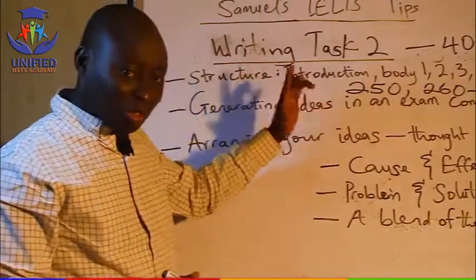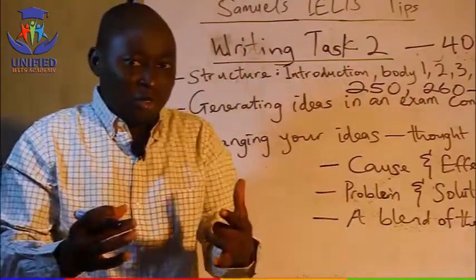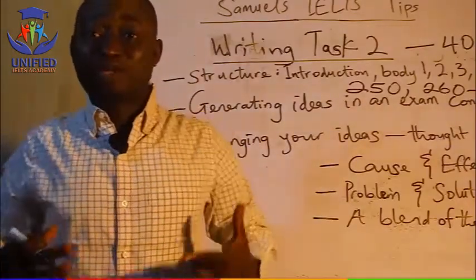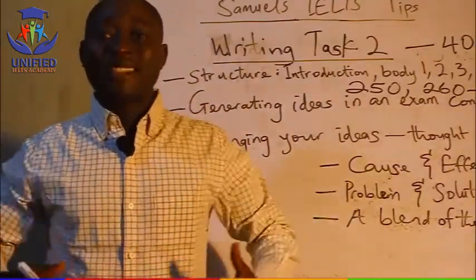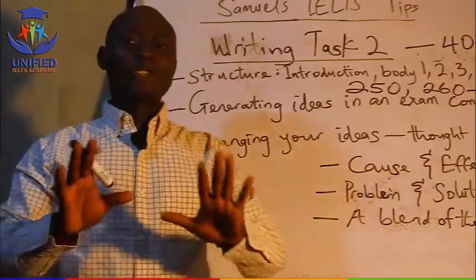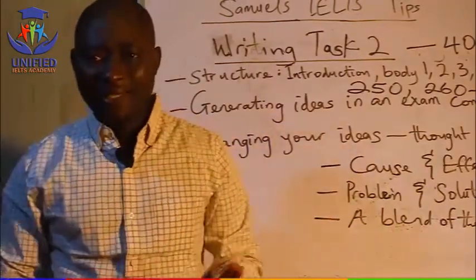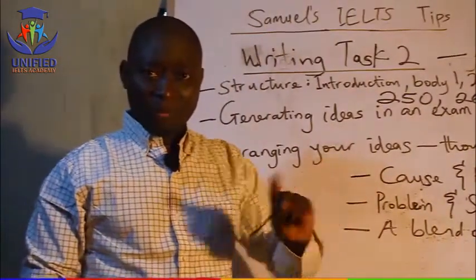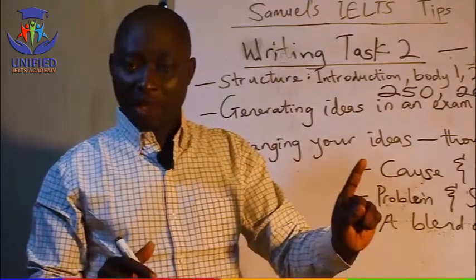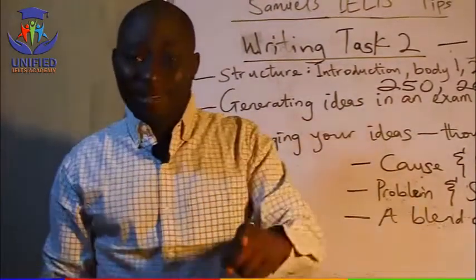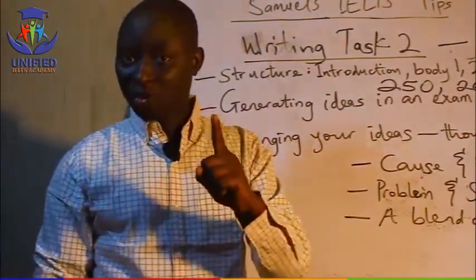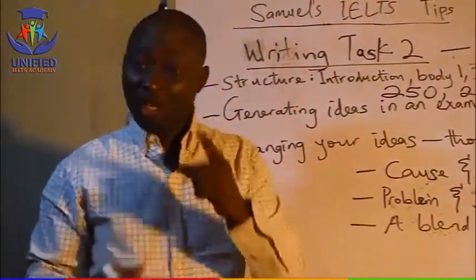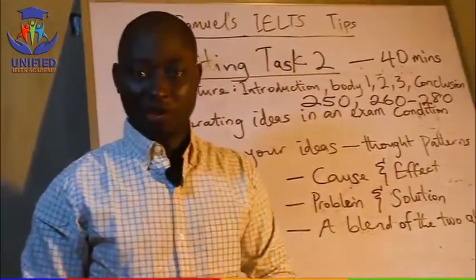And in that introduction, you tell your readers, your examiner, what you are about to write, what you intend to write. In a question type like an opinion essay, you will tell us the various views around that subject matter, and in that same first paragraph, you will tell us your own position if you are asked to take a position.